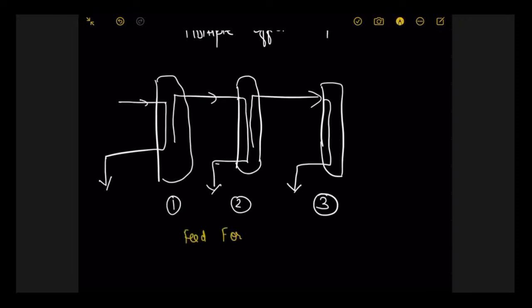Feed forward evaporator. So what exactly happens in the feed forward evaporator? The vapors which are generated in the first evaporator will act as steam for the second evaporator. So as we move from 1 to 2, 2 to 3, the concentration of solid is going to increase.